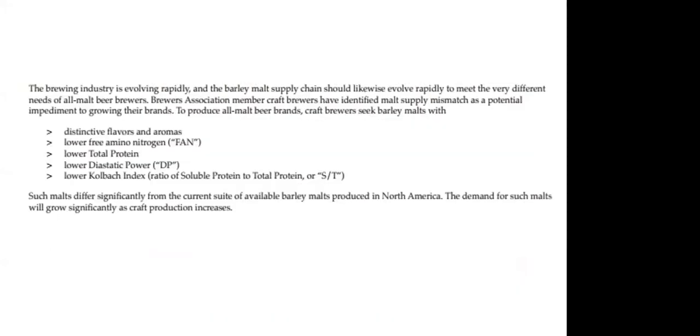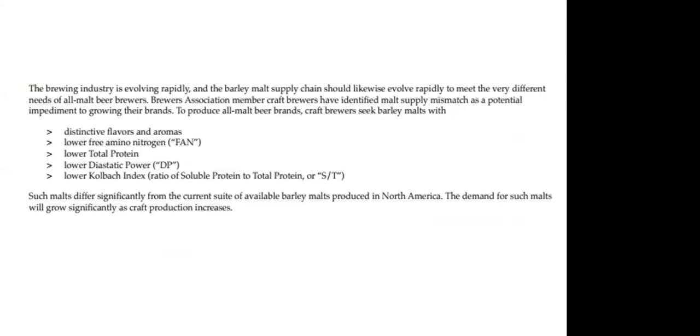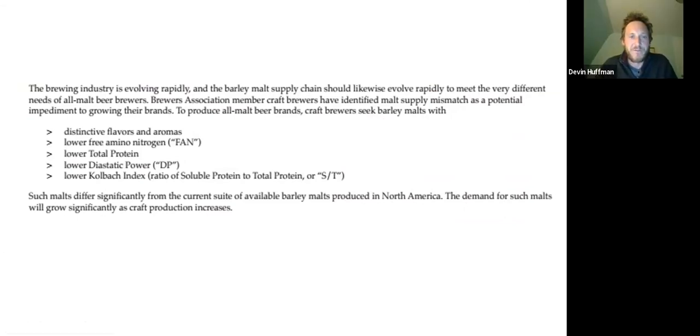There we go. Okay, so this is, as I mentioned, introducing it. There are two main reasons for why we've been exploring new varieties. Right now, we're working with both of the new varieties that we've selected.